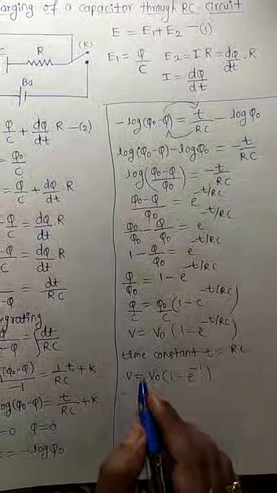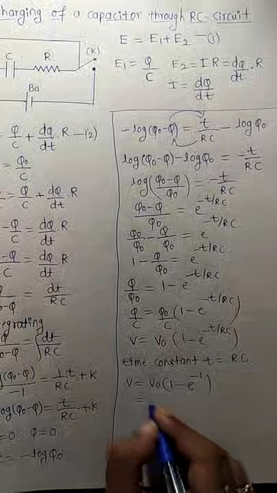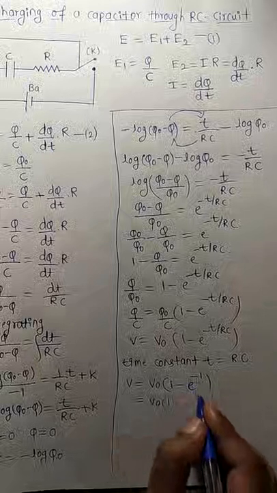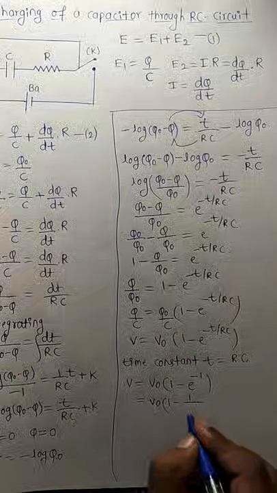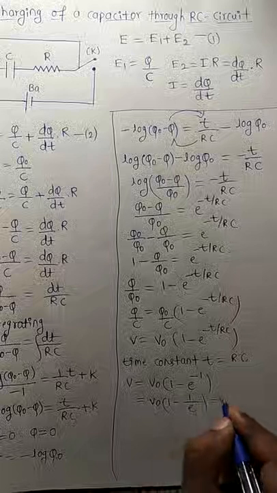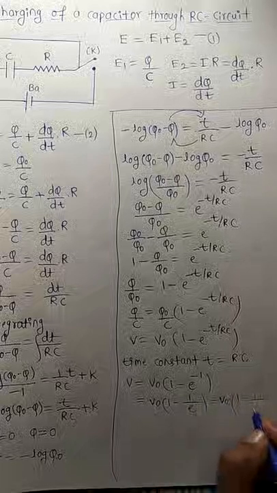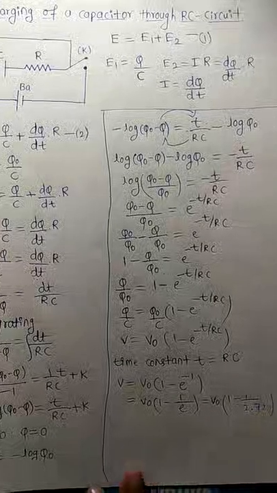So now calculate this value. Already I told how to calculate this one. Phi naught into the bracket 1 minus, when e raised to minus 1 comes to the denominator, it becomes a plus. So 1 divided by e we got, which is phi naught into the bracket 1 minus 1 divided by, what is the e value? e value is constant 2.72.